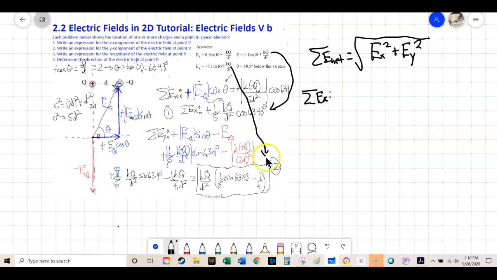Anyways, to get the overall net part, which this is net, we're going to write our expression for the x direction, which is going to be huge. All right.